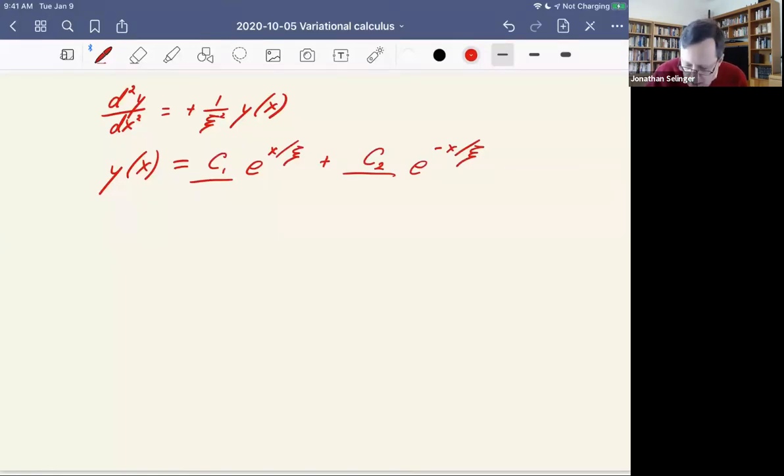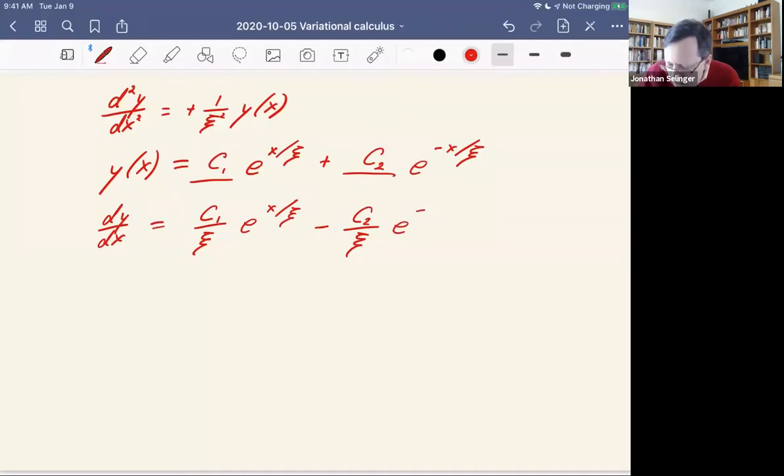Okay, so the first derivative, dy/dx, is C1 over ξ e to the x over ξ plus, well, I get a negative sign from taking the derivative, excuse me, minus C2 over ξ e to the minus x over ξ.